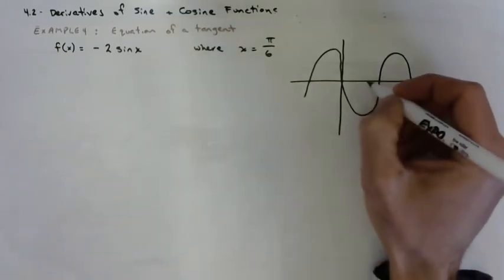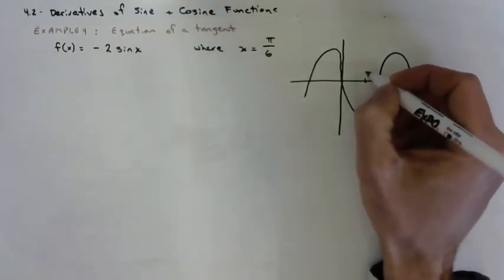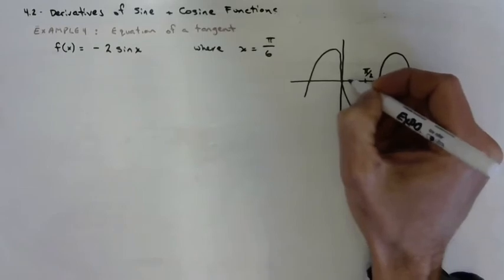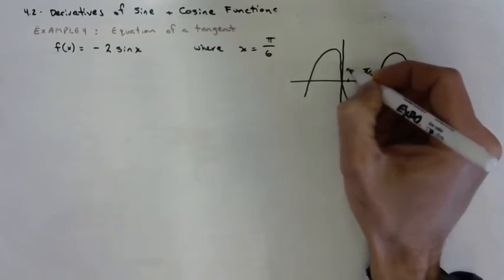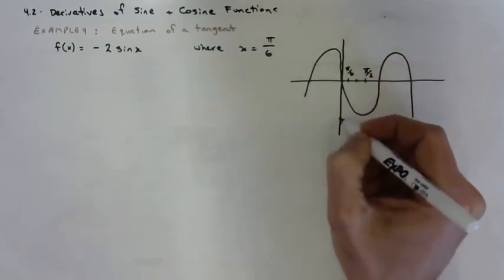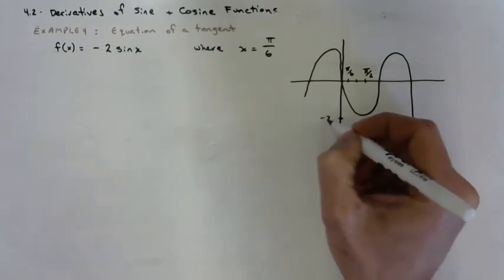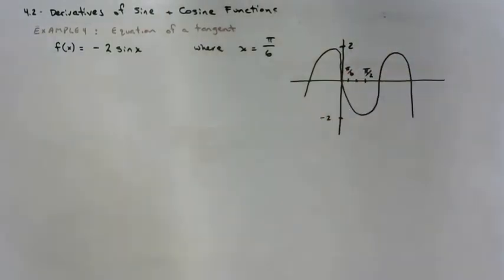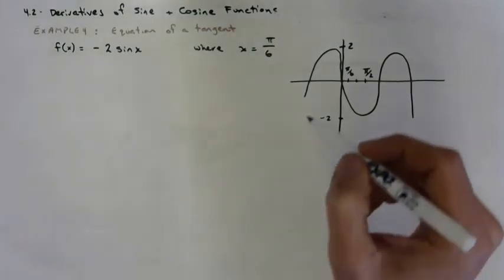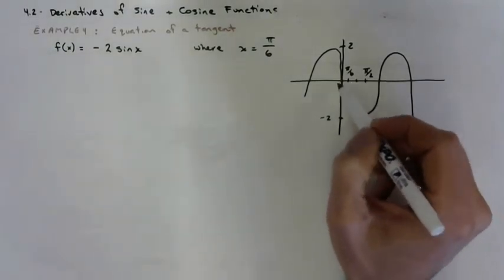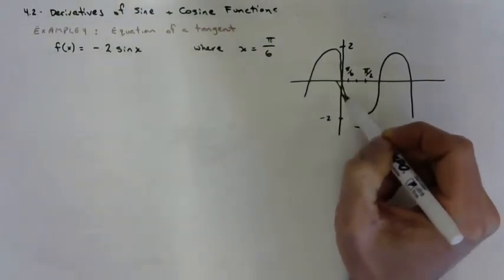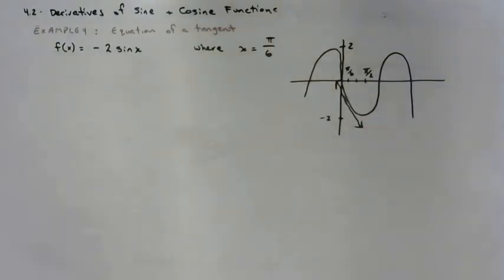Here's pi over 2, so our tangent is somewhere in here, pi over 6, minimum of -2, maximum of positive 2. Okay, so we're looking for a fairly steep negative tangent. All right, let's see how we do.